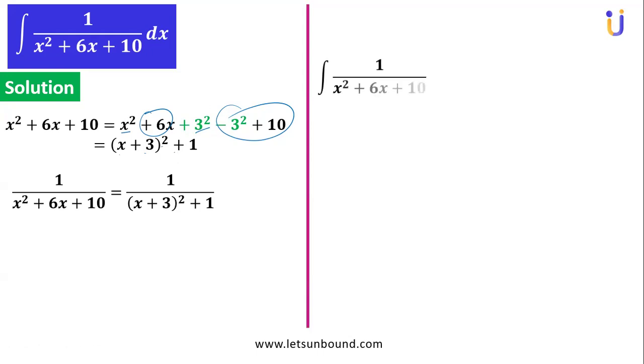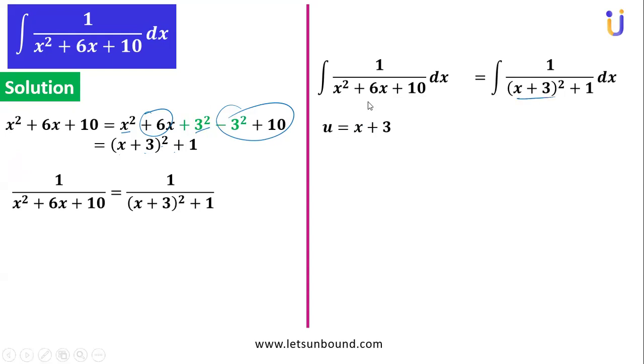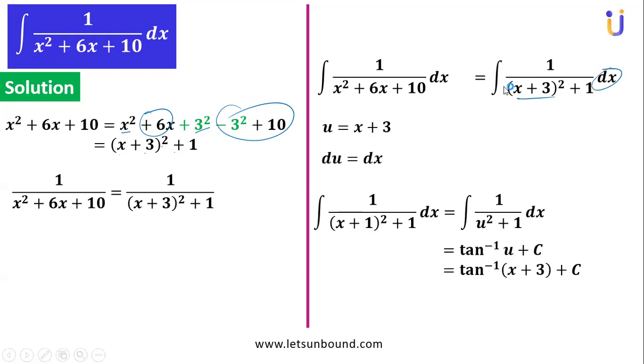You apply the integration. Now, okay, there is no direct rule, so you can use u substitution: use x plus 3 and du is dx. Yes, I have that. So change everything into u. So 1 by u squared plus 1 du. Okay.